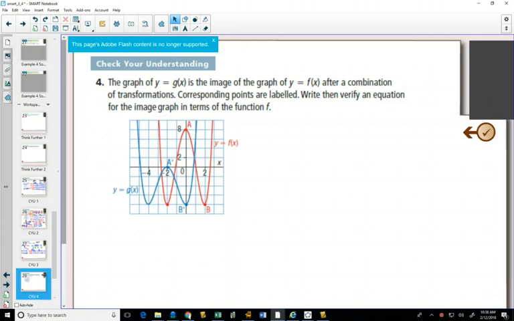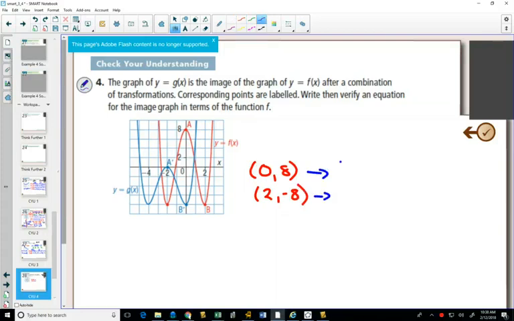We're given our graphs. We know that a bunch of points are labeled. For example, on our original graph, we have the point (0, 8), and we have the point (2, -8).